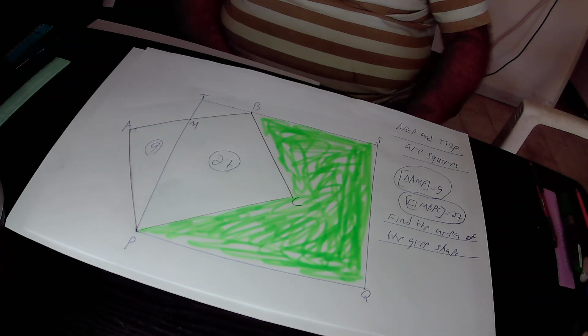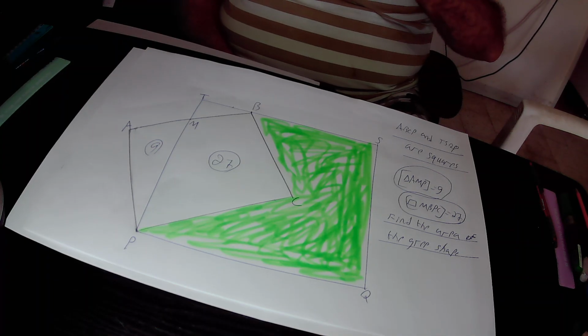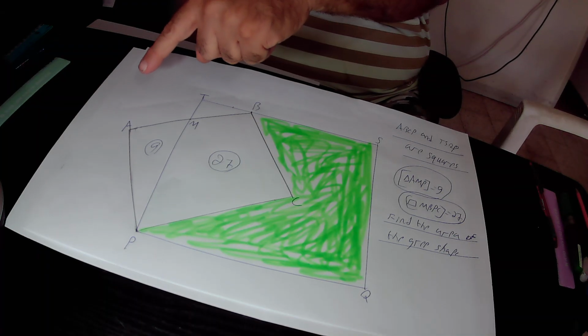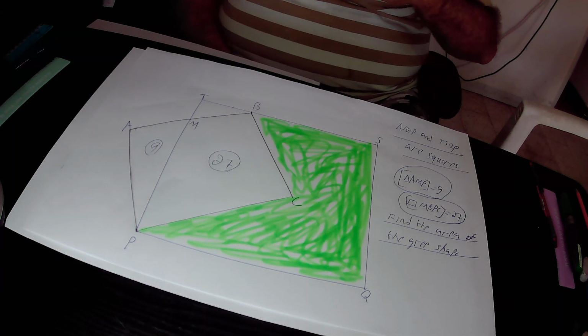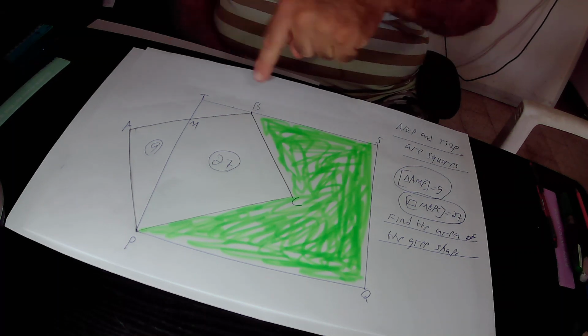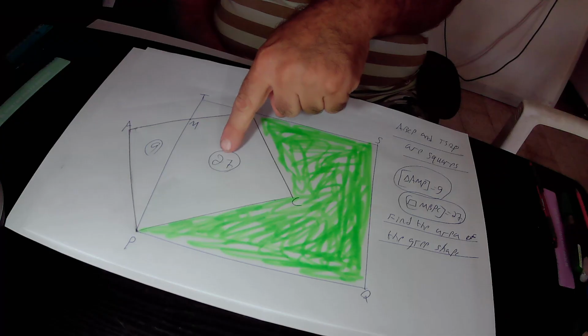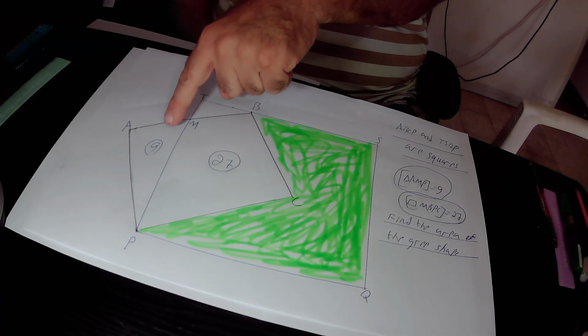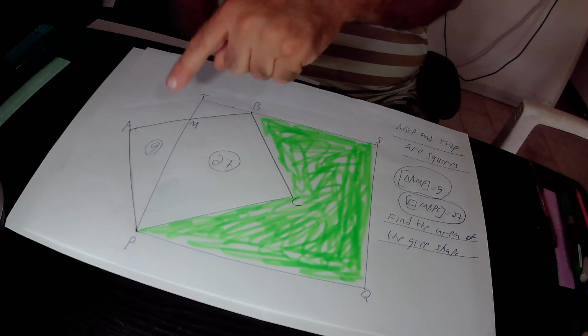First of all, it is very easy to find the area of the small square ABCP. The area of the small square ABCP will be equal to the area of quadrilateral MBCP, that is 27, plus the area of this triangle AMP, that is 9.